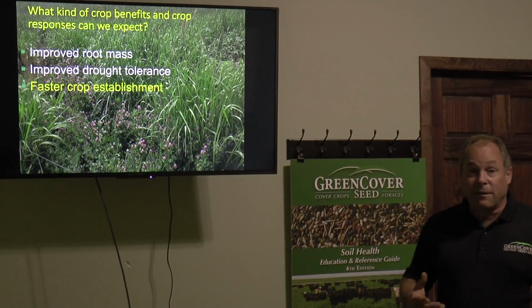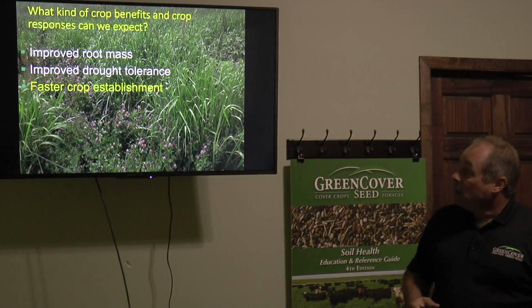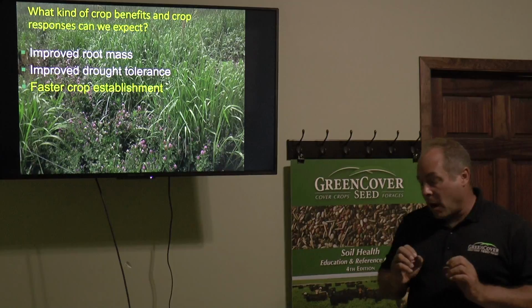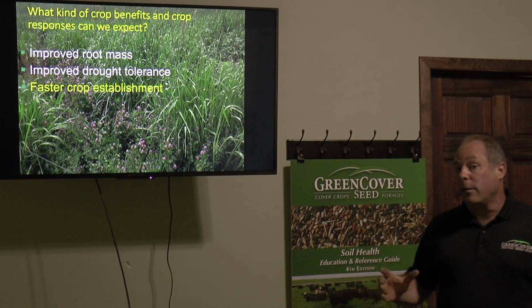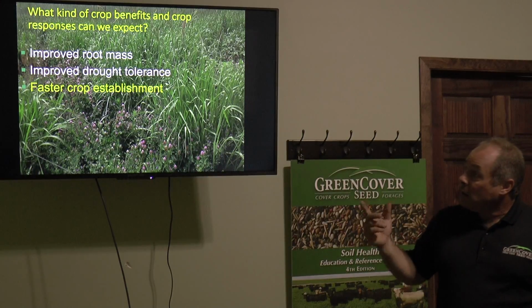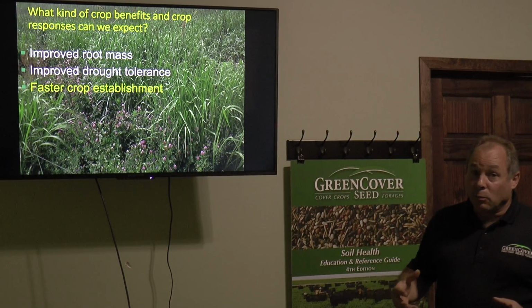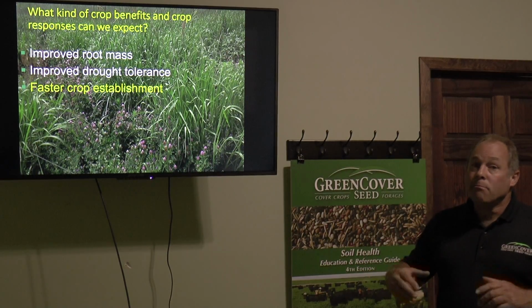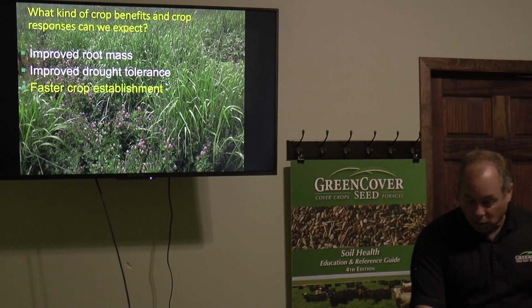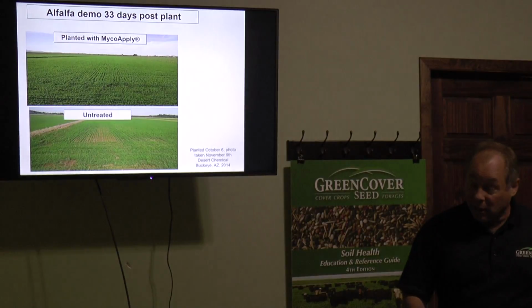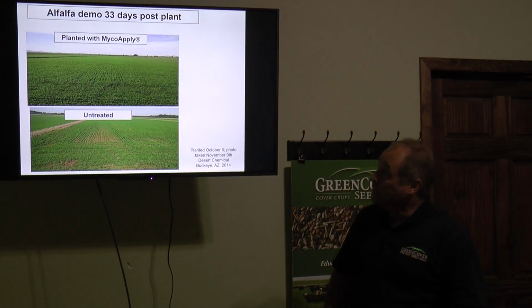Okay, another thing is faster crop establishment. Because the mycorrhizal hyphae can grow much faster than the root system of a plant can, it can access more water, more nutrients, and put more energy into growth, because those hyphae are able to do a lot of what the root system is unable to do in the early seedling stage.